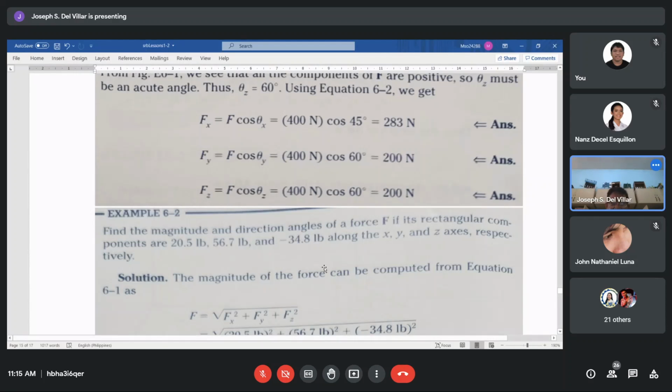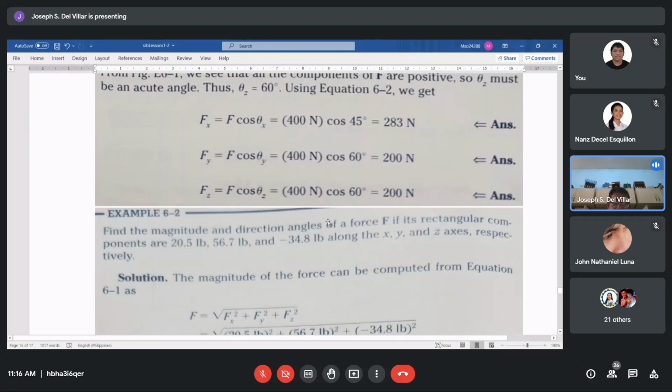Okay? So we are asked to find the magnitude of the force and the direction angles. So 2 ang requirement. Magnitude of F and the direction angles. What are these? Theta X, theta Y, and theta Z. In terms of degrees, of course. Okay?